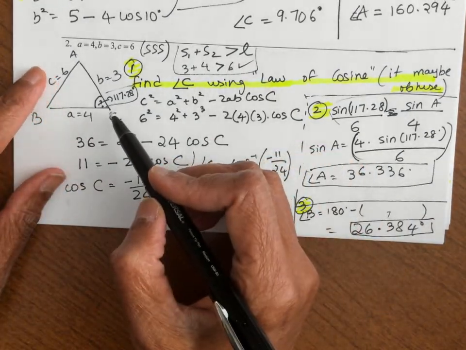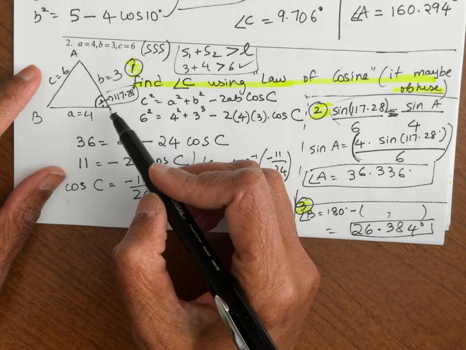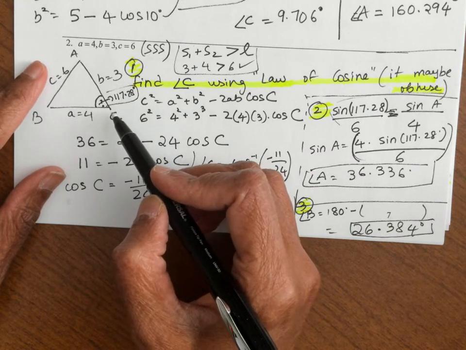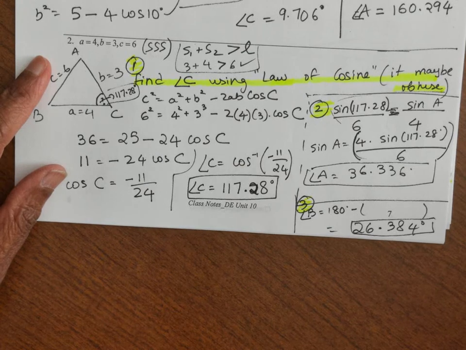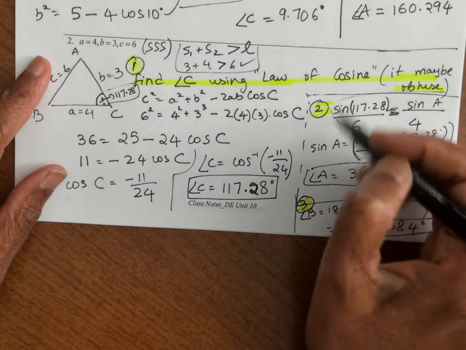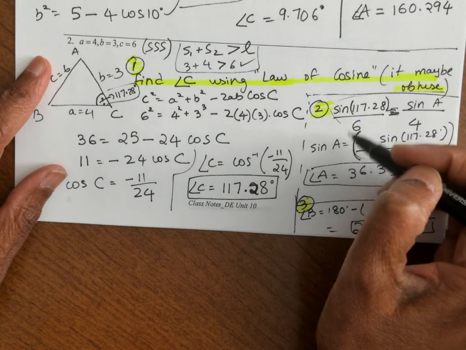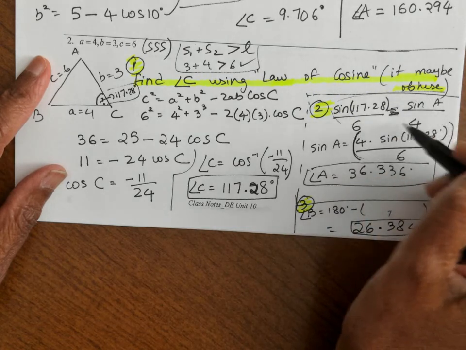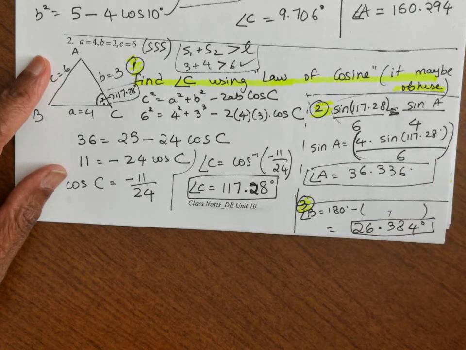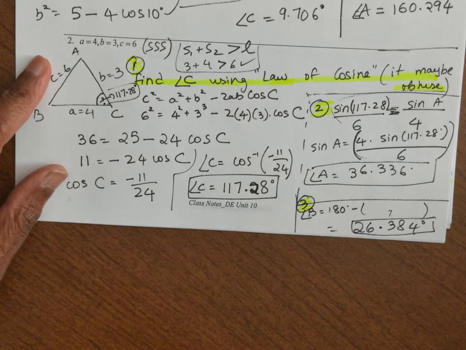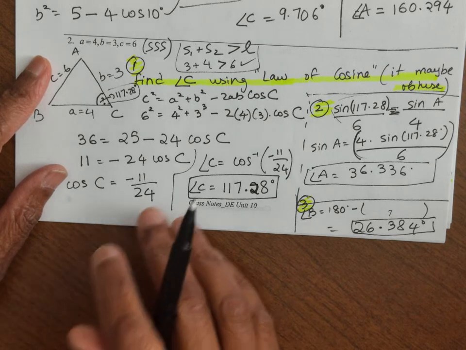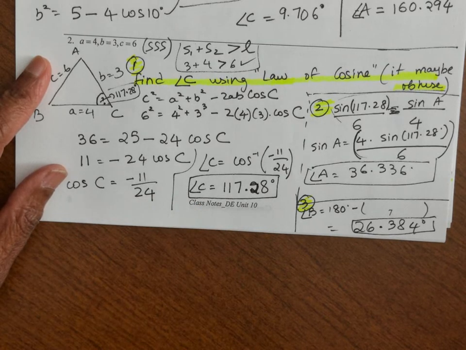With law of sine, you're always looking for an angle and a side opposite. Angle C is given to me, side C is given to me. So the first thing you do when writing the law of sine is put what's given to you, because you have both the angle and its opposite side. On the other side, write the missing angle, and it can be any side. That's what law of sine is all about: writing an angle and a side opposite. All good questions. Anyone else?